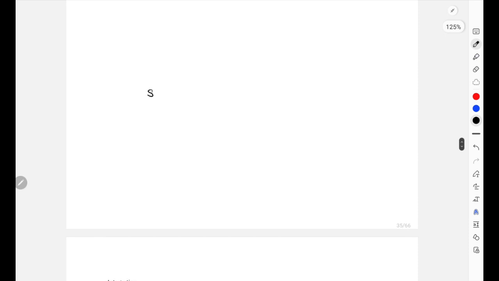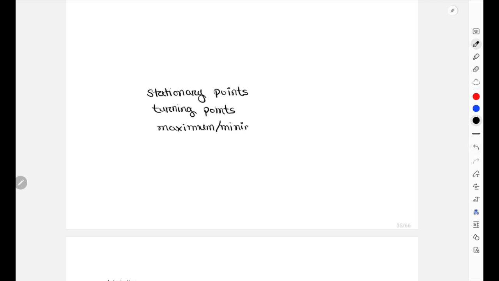For stationary points, or turning points, or maximum or minimum points, all of them have the same indication, that dy by dx will be 0. Using that expression you can find any of the values they're looking for.